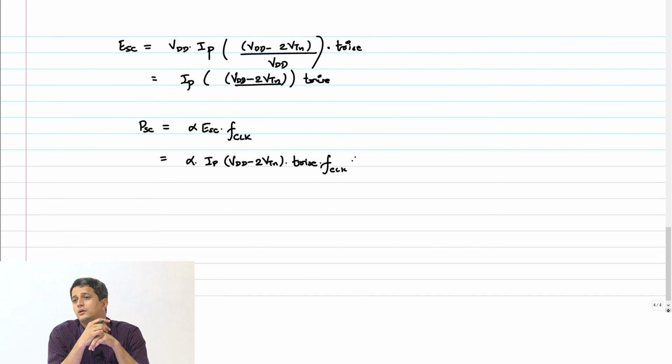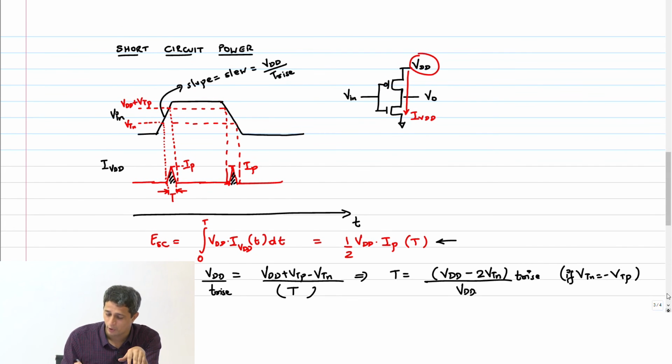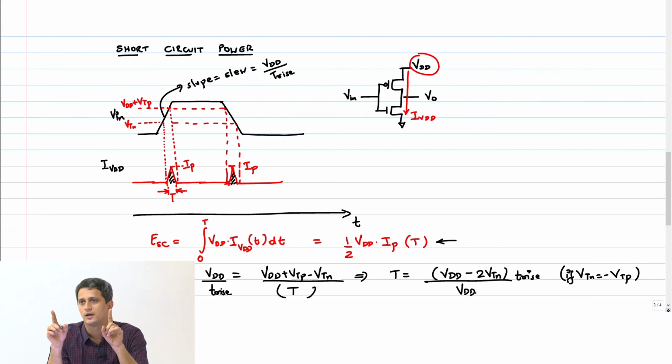Why? No, yeah, but as she pointed out, I am giving you that the input rise slope is VDD by T rise, correct? So the input takes from 0 to T to go from VTN to VDD plus VTP.